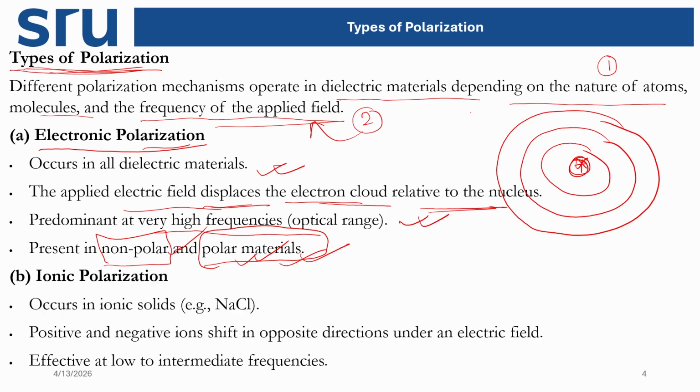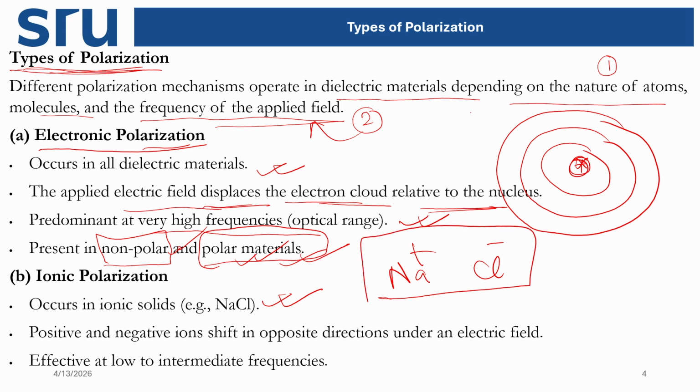Then there is ionic polarization. This occurs in ionic solids, for example NaCl, where Na plus and Cl minus ions are there. There is one arrangement of the positive ion Na plus and the Cl minus, and the total molecule is neutral.